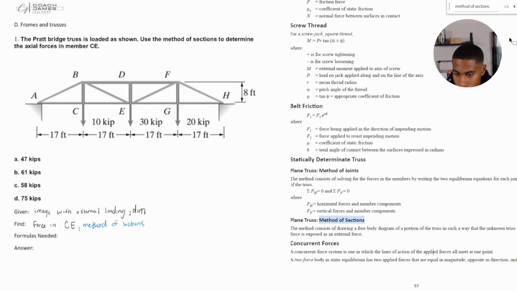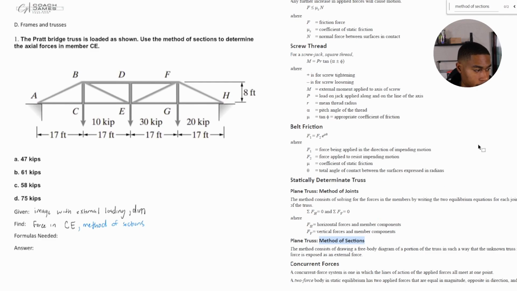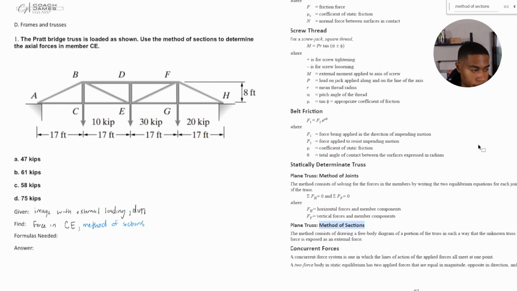Okay. It's about all the information I think they're gonna give us. Perfect. So we gotta draw a free body diagram of a portion of a truss to get the unknown truss member.